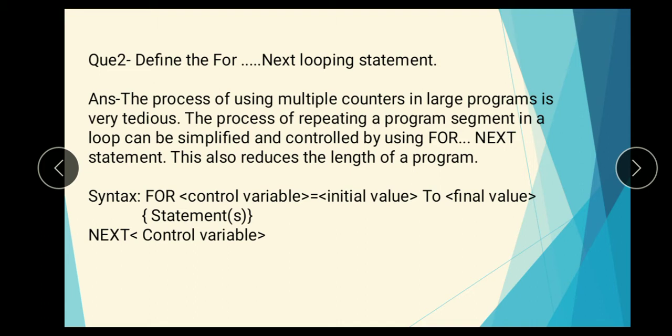This process repeats according to your requirement and is an easy way to perform your task. The syntax of for next: for control variable, initial value to final value, give the statement, and next control variable.